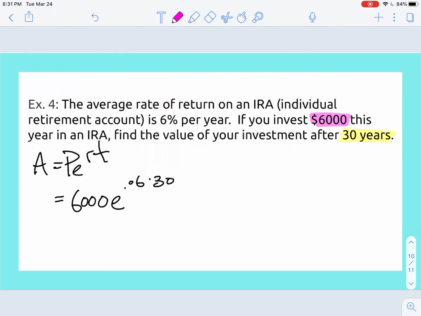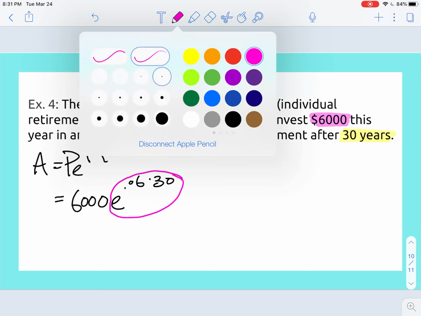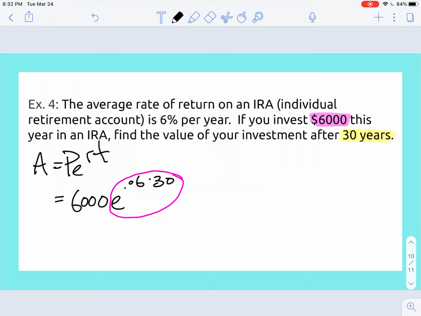Now, if you watch the 4.2 video, I made a big deal about how we have to find this number first because we want to make sure that we follow our order of operations. And when we do that, we'll get 6,000 times, let's make sure we have the right decimal here, 6.049647464. Write out as many as you can because the earlier you round, the more off your answer is likely to be.